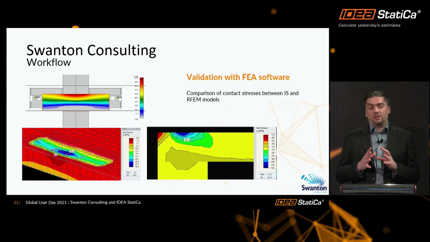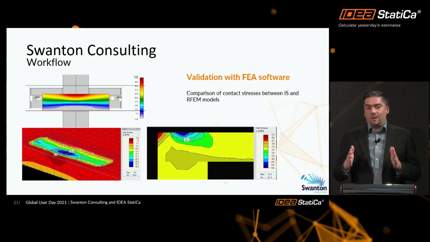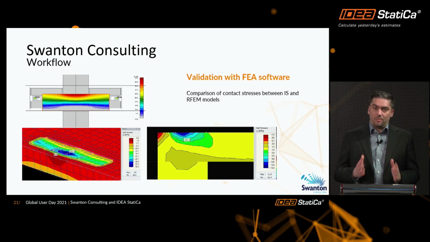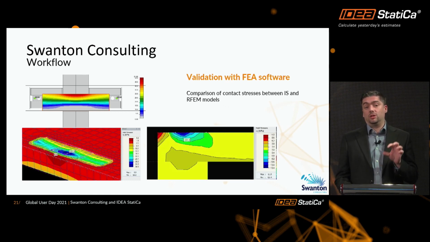So we utilized the stress layout from IDEA StatiCa to check in a 3D model where we had the whole grillage and the interaction and the concrete modeled, not to have a megapascal by megapascal resemblance, but just to check if the assumption is right and if the distribution and the behavior is as expected in both cases.